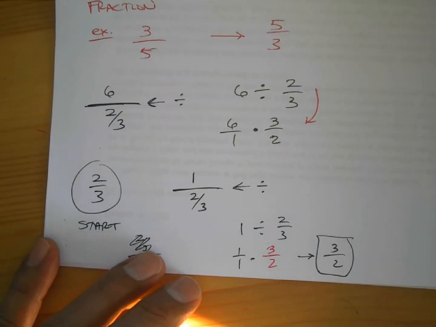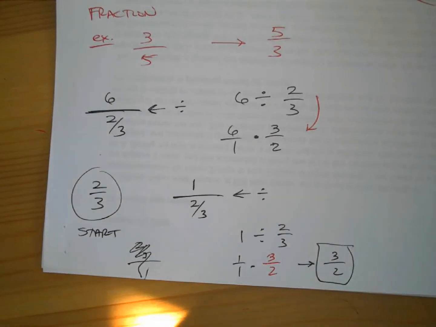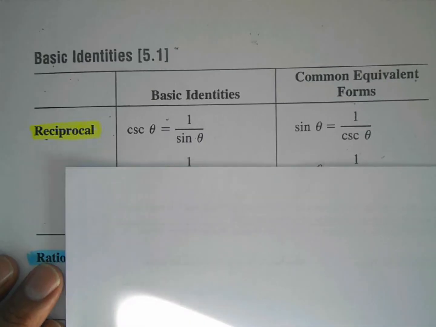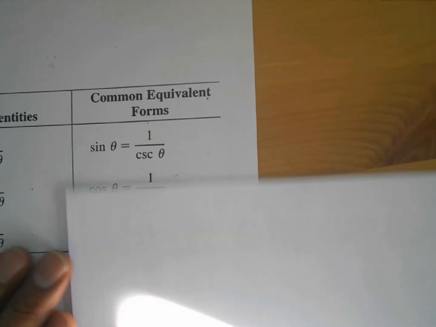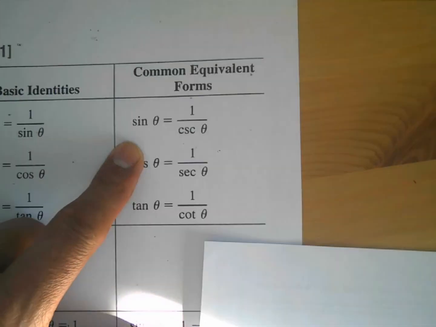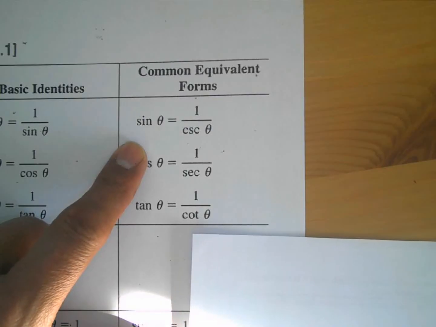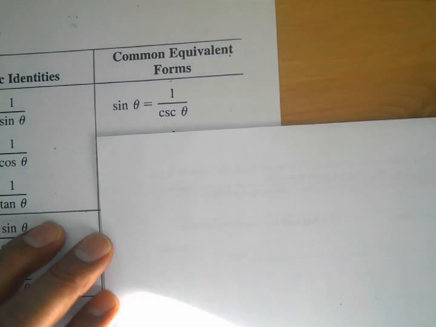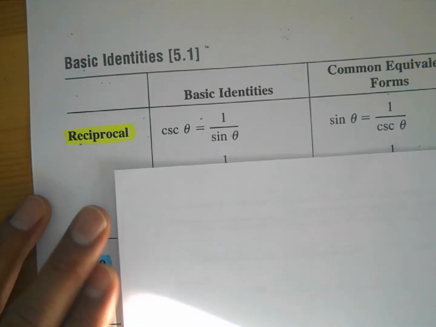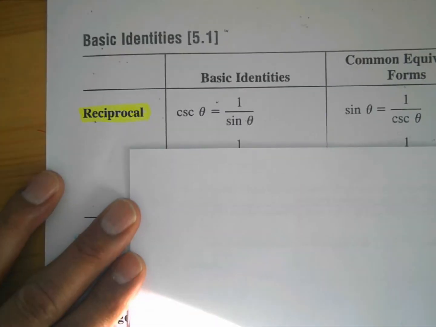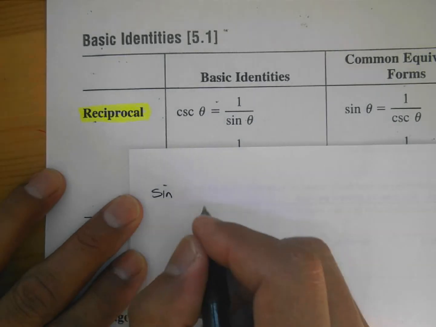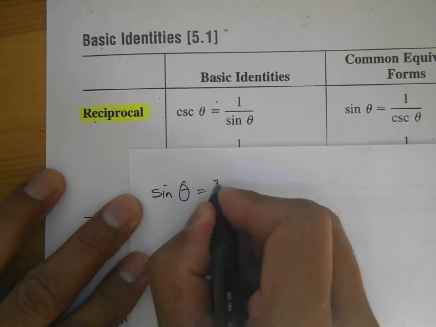So now let's explain these identities. We'll start with these over here because we started with sine. So we knew that sine was 3 over 5.